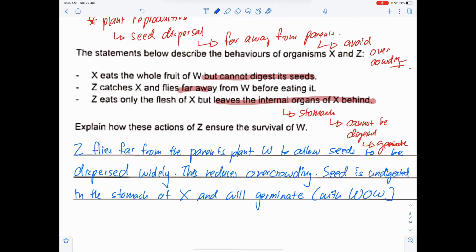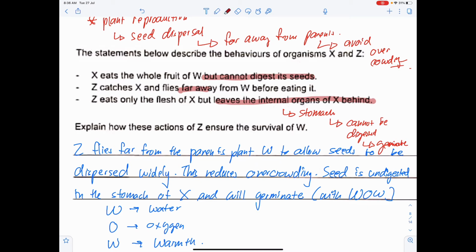Okay, just in case y'all don't know what is WOW, I revise again. So W is water, oxygen, and warmth. Alright? Okay, so you have to say that it is undigested.